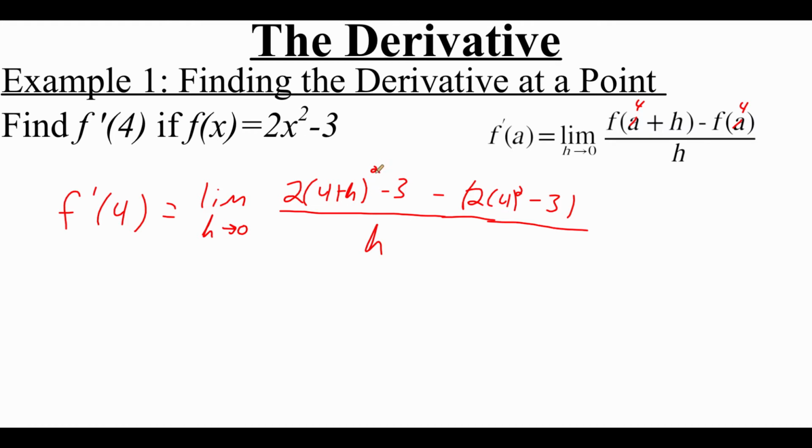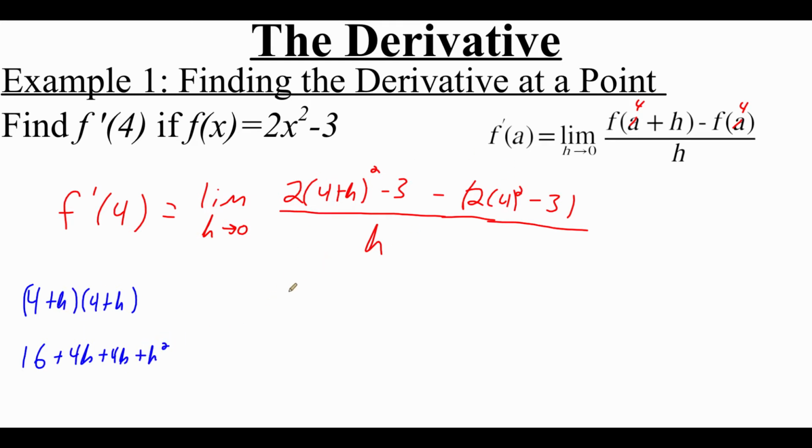As we're doing this (4 plus h) squared right here, we're going to have to FOIL that out. So we're taking 4 plus h times another 4 plus h. So 4 times 4 is 16. 4 times h is 4h. h times 4 is another 4h. And then h times h is h squared.